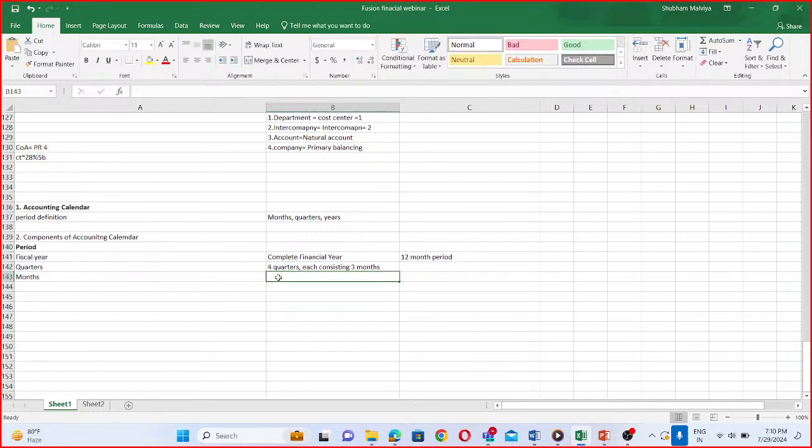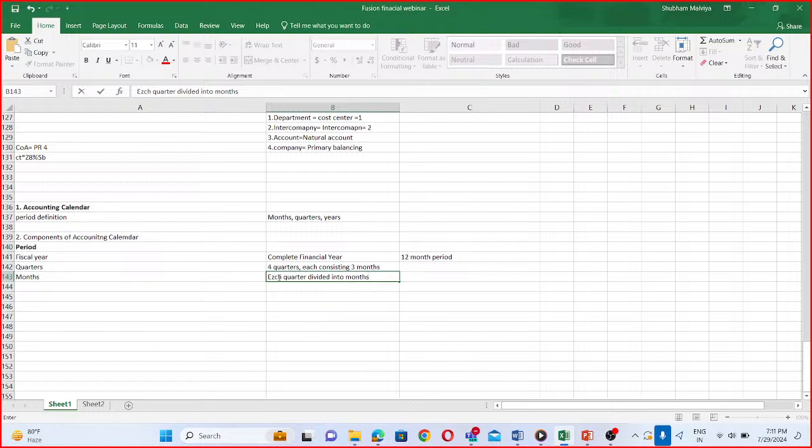In month, each quarter is further divided into 3 months, representing the primary financial period for recording transactions. So each quarter is divided into months. So these are the concepts of periods.